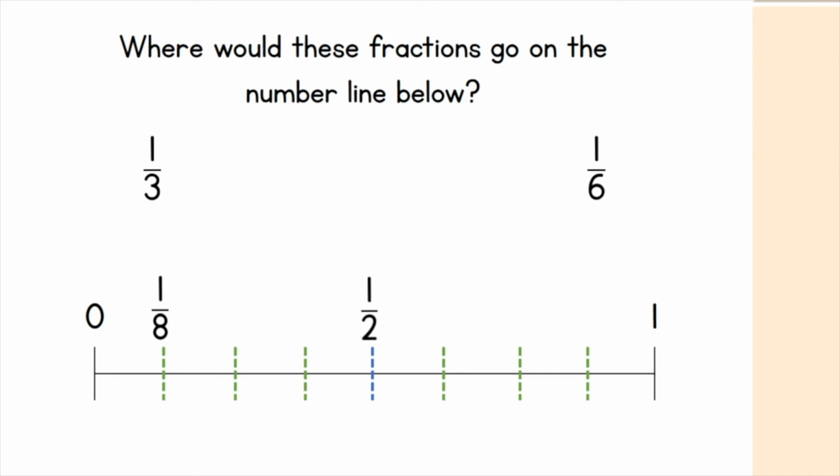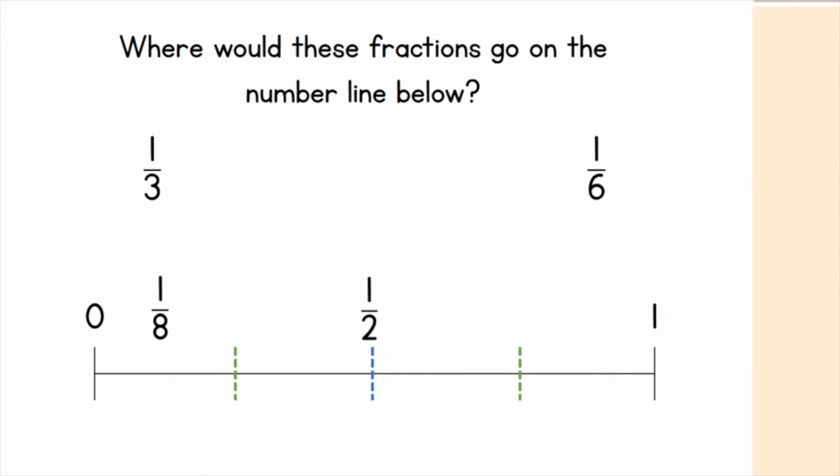So we show 1/2 and we've shown 1/8. But how can we show 1/3 and 1/6? Well, I think we need to think about getting rid of some of these lines. Let's just keep it simple. Quarters and halves. We need to divide the number line into 3 equal pieces.